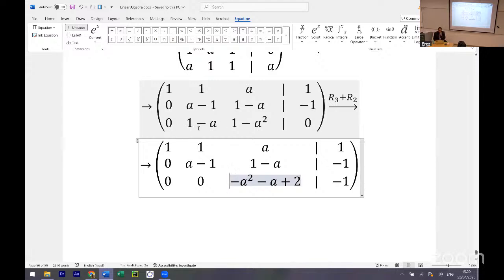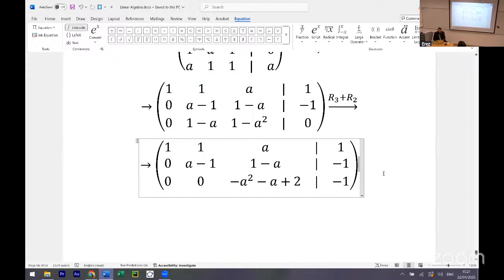Okay, so now this is the point where it looks like stairs. It looks like an echelon form, but it's not actually, because we are not sure what the pivots are.